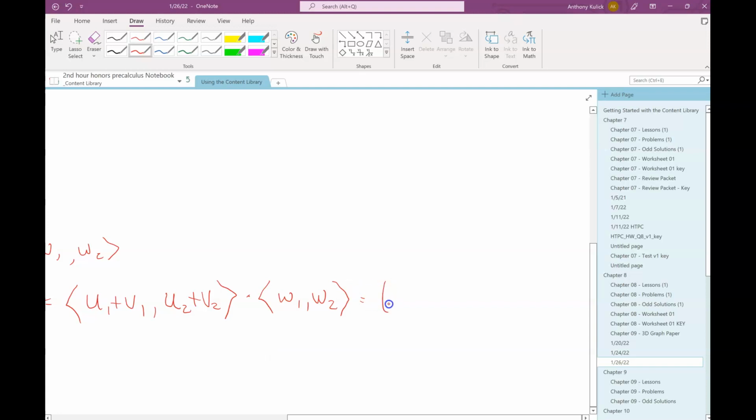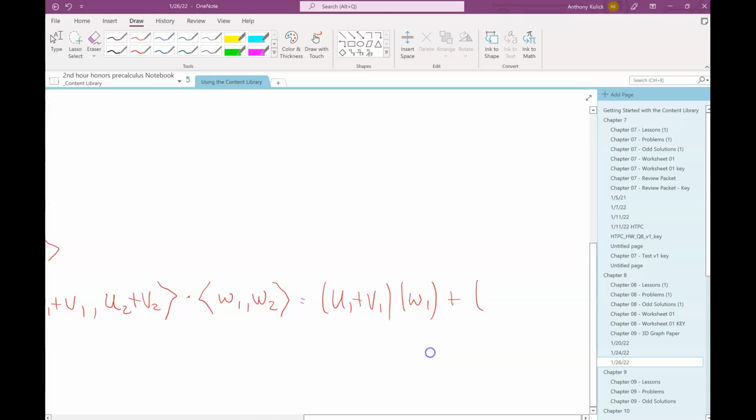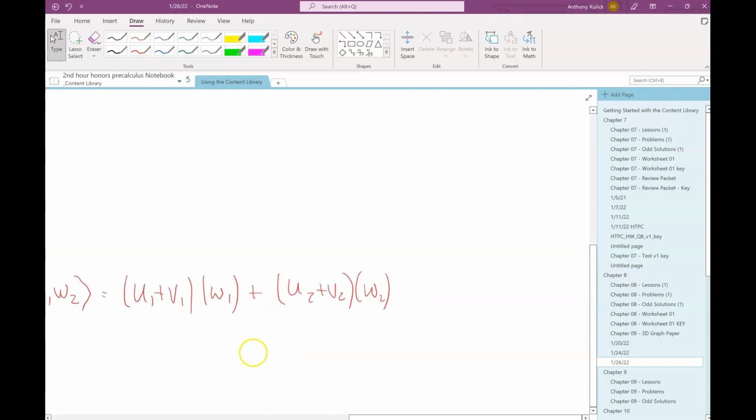I do my definition of a dot product. So u1 plus v1, that's the first component, times w1, plus u2 plus v2 times w2. So that's just the definition of my dot product. And then let's distribute those w's through.